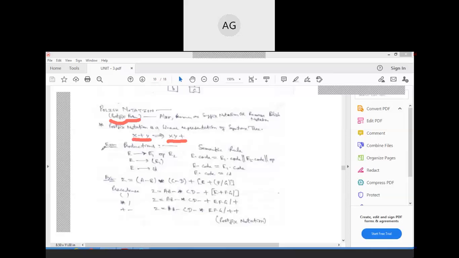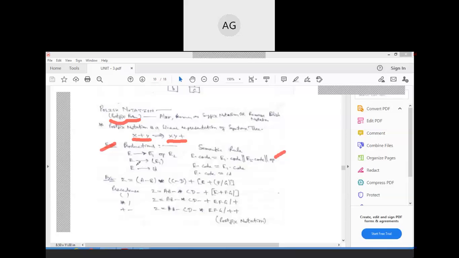If a production is given like E produces E1 operator E2, then its semantic rule is E dot code equals E1 dot code, separator, E2 dot code, and lastly we take the operator because we converted it into postfix form.